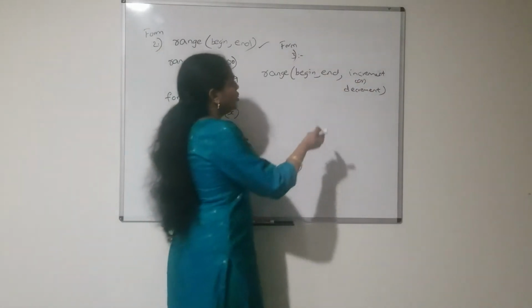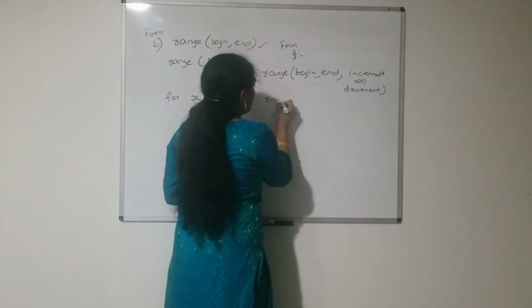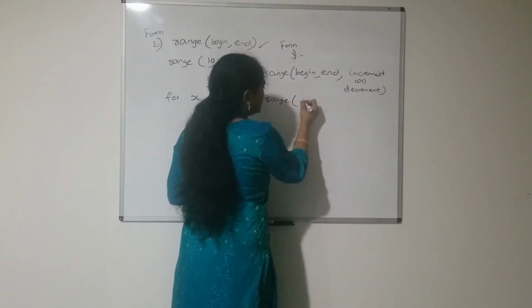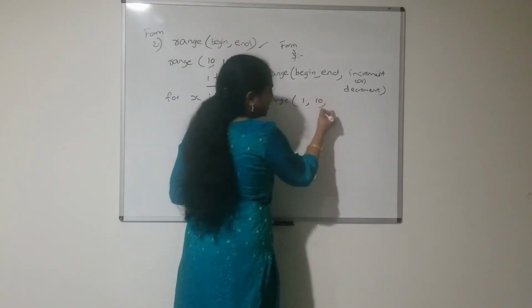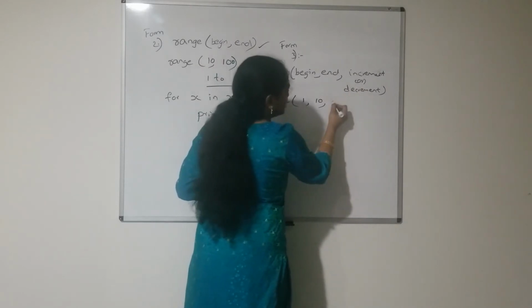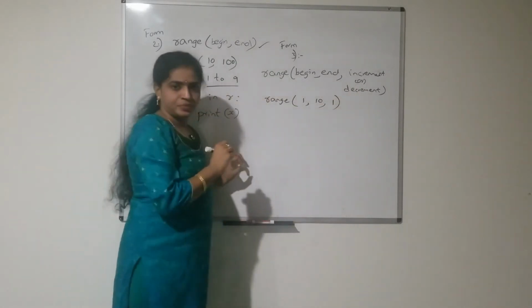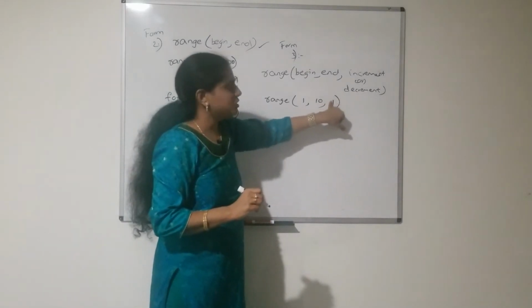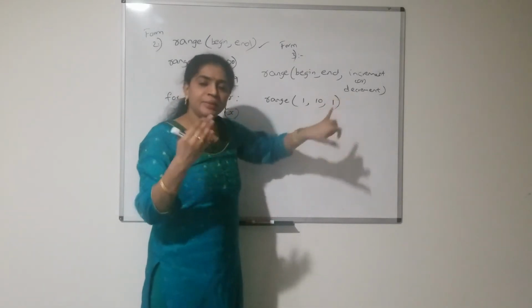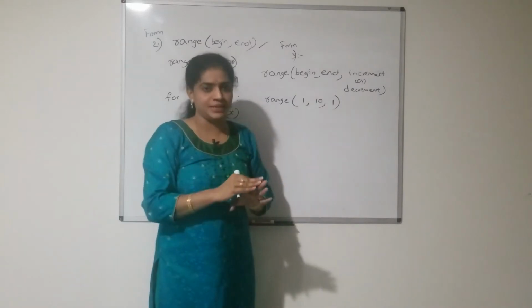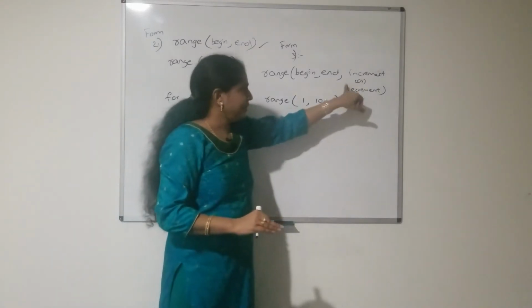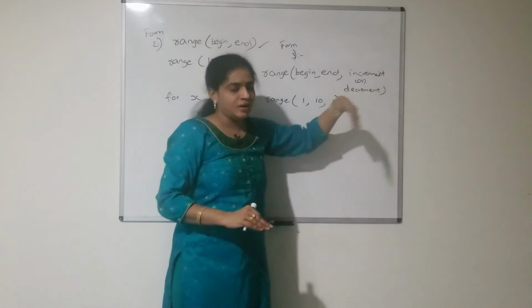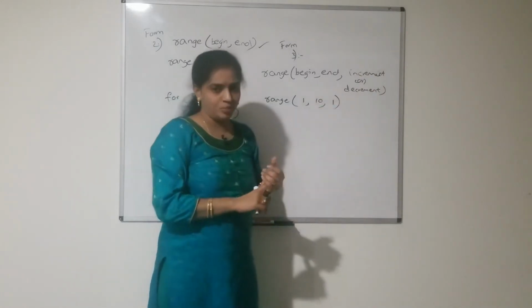Here, range of my begin value is some 1, end is 10, and then the increment or decrement. Suppose I give 1, for incrementation you have to use a positive number here. For decrementation you have to give minus, like that. Let me show the increment operator first, later I will show the decrement operator also.